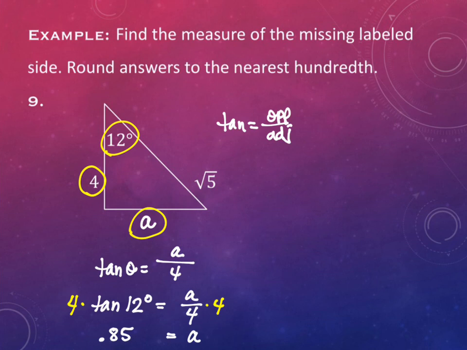Let me look real quick. You got 0.85? Are we in degrees? Okay, I might have been in radians when I put down mine. Yep, you're right. And the directions say to round to the nearest what? Hundredths, and hundredth means 2 decimals. So 0.85 is where we would leave this. Very good.